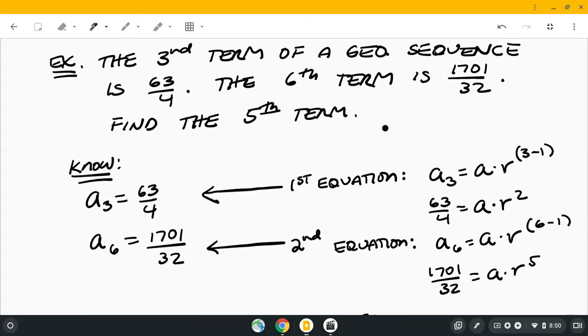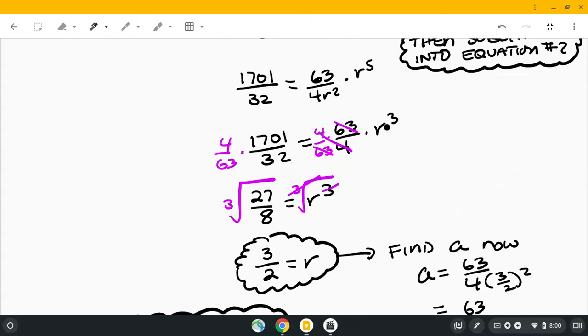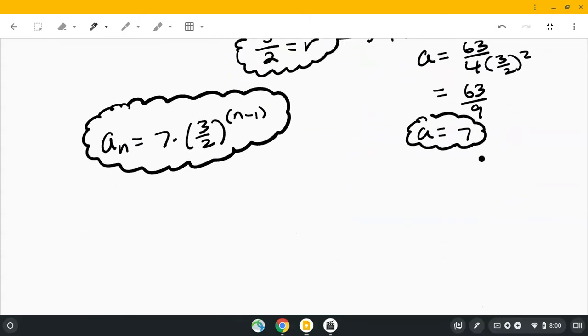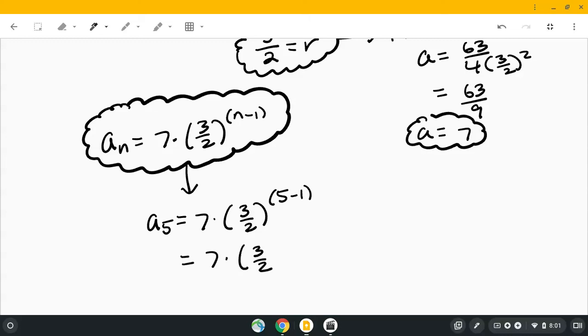Find the 5th term. Okay, so find the 5th term. So I can use this to find the 5th term. So a5 equals 7 times 3 over 2 to the 5 minus 1. And that is just 7 times 3 over 2 to the 4th.